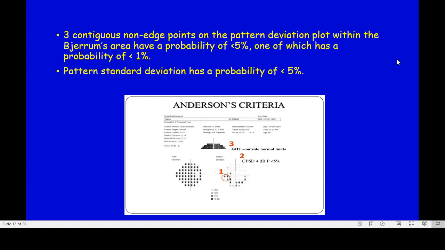This is the second criterion. And the third criterion is that the pattern standard deviation has a probability of less than 5%. So you need to have these criteria fulfilled to label it as a case of glaucoma, or glaucomatous change to be present in a field.